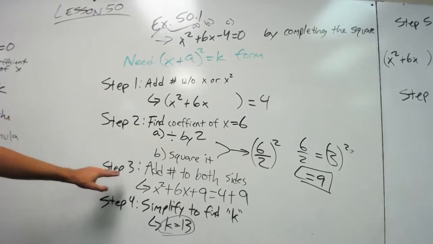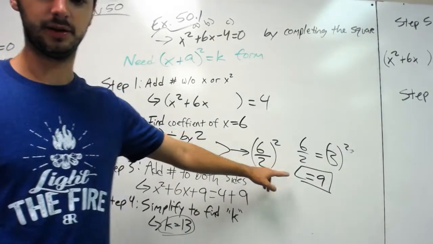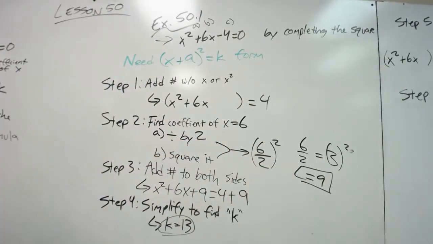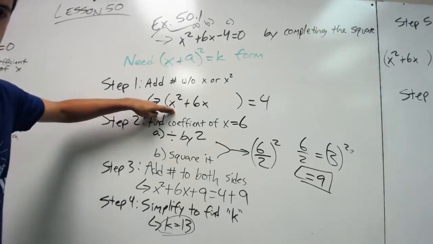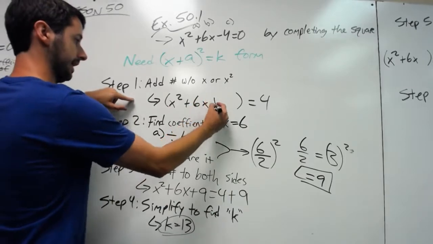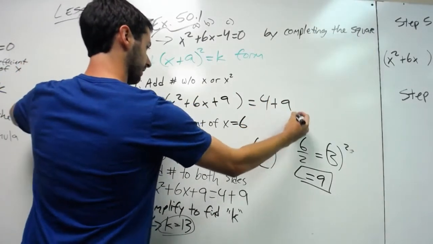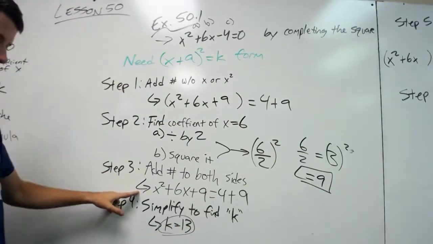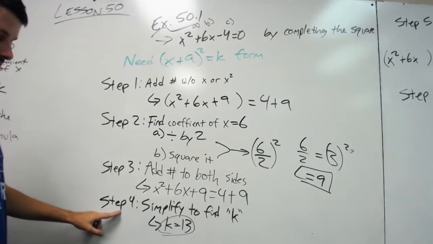Now step 3 says to add the number that we just found, the 9, to both sides. We were at this stage, and what I did to get here was add 9 on this side and add 9 on that side. Step 4 is to simplify to find k.